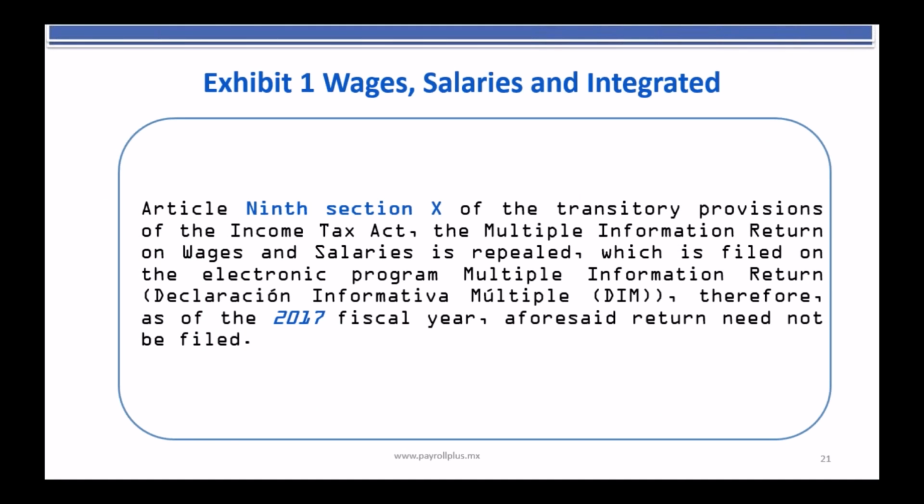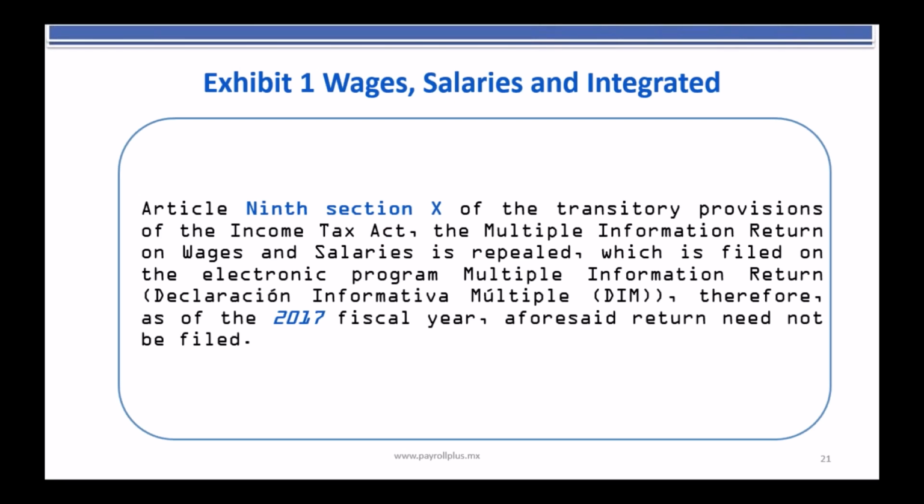Now, as I was just mentioning, the exhibit 1 for wages and salaries will be eliminated as of 2017. However, we still have to comply on February 15, 2017 regarding the salaries and wages that were paid during 2016.